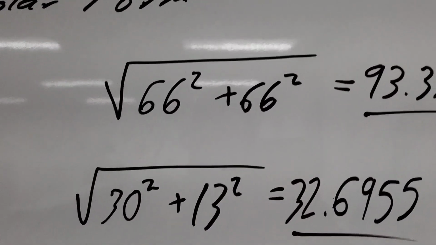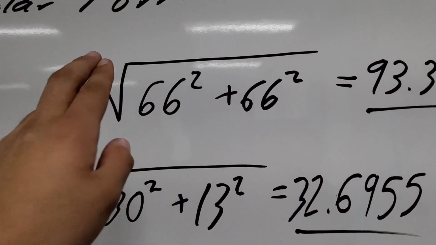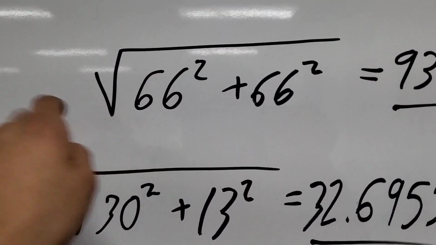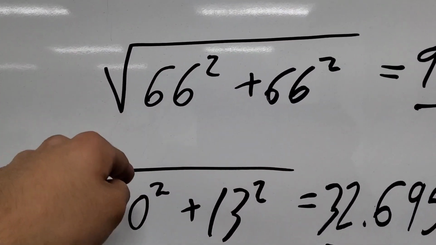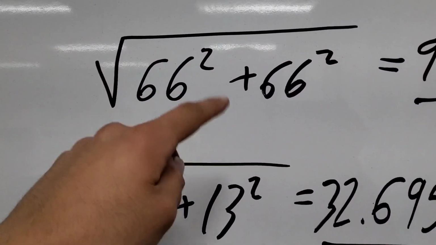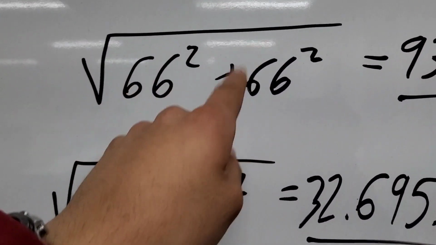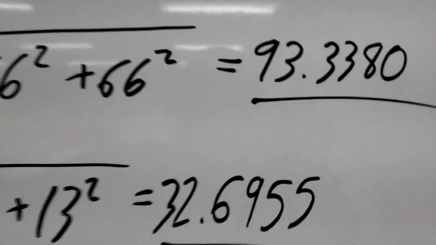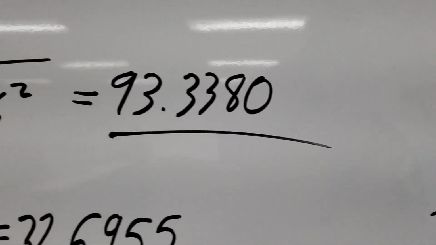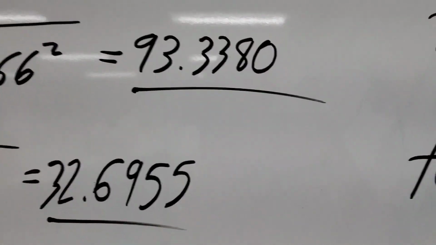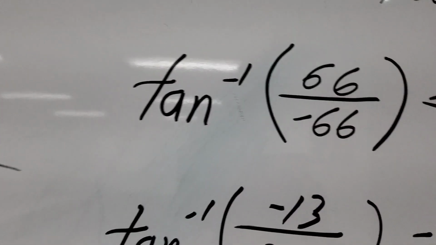To get the magnitude, we do this operation: square root of 66 squared plus 66 squared. This is equal to 93.3380.